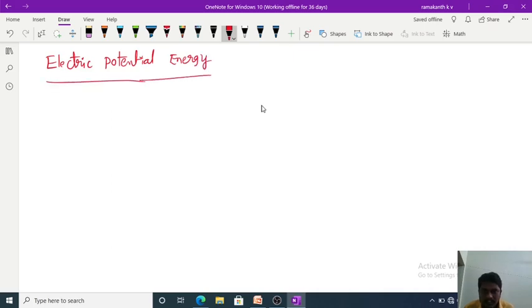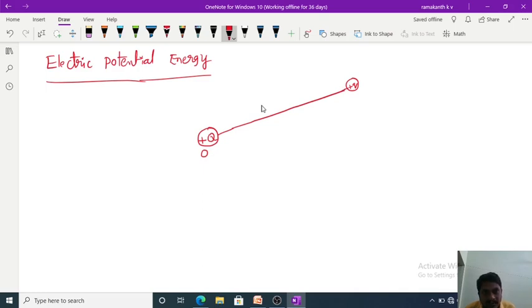Let us consider a charge capital Q placed in space at the origin. I want to move a small positive charge, small q, from one point to another point. Here this is a plus q.